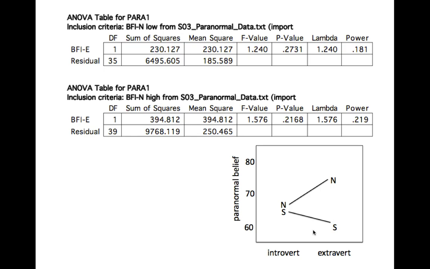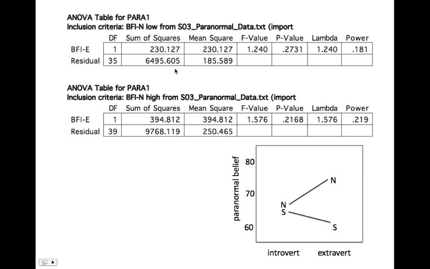But all that F tells us is that there's an interaction. The F for the interaction does not tell us which of these four means differ from each other. For that, we need paired comparisons. And a paired comparison is called a paired comparison because it's an F test for a pair of means.